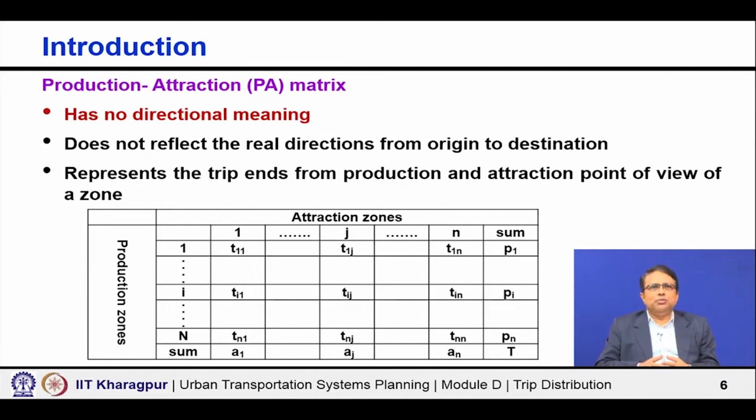So, coming to the production attraction matrix first, as I said to you, it has no directional meaning. If I am saying 100 trips are produced in zone 1 and attracted to zone 2, I really do not know whether all 100 trips are actually made from 1 to 2, or 50 are made from 1 to 2 and 50 are made from 2 to 1, or 60 are made from 1 to 2 and 40 are made from 2 to 1, that we do not know.